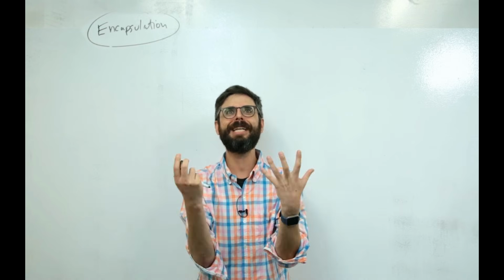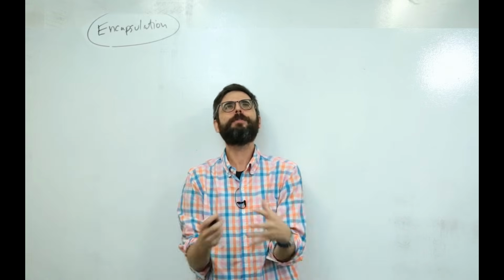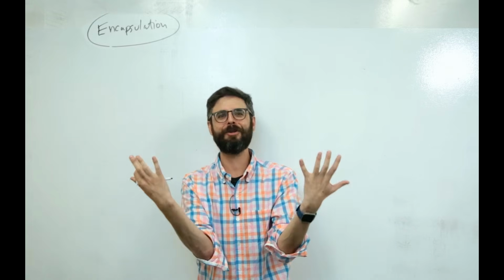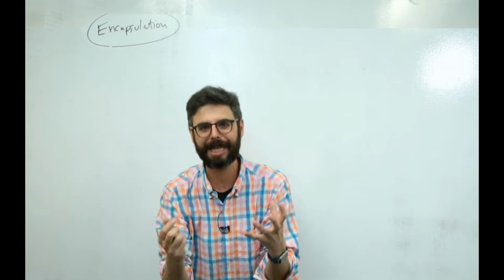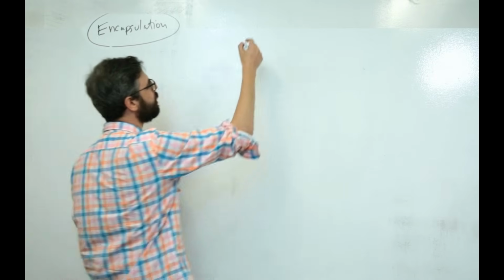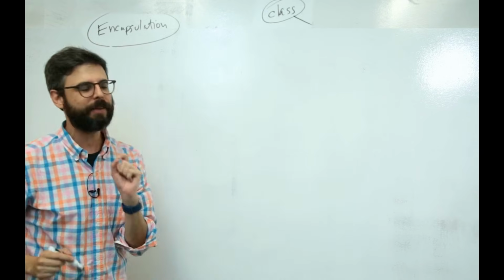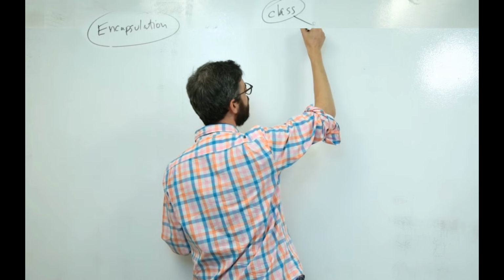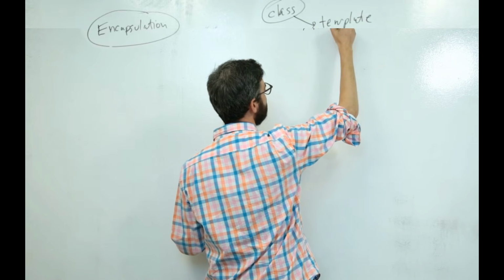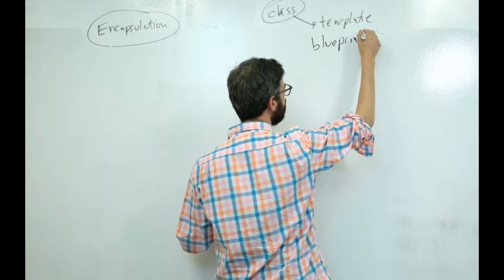What does it mean to be a bubble? What is there? What do bubbles have? What properties do they have? What things do they do throughout their life? I want to encapsulate all of that into something. And the idea of using something called a class in JavaScript, another way to think of it is the word template, I think, is appropriate, or the word blueprint is also appropriate.